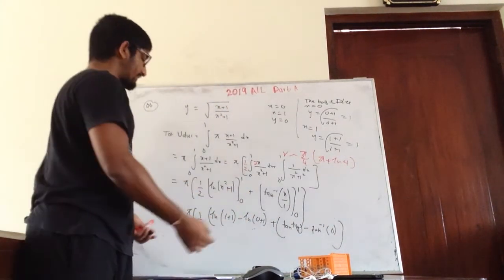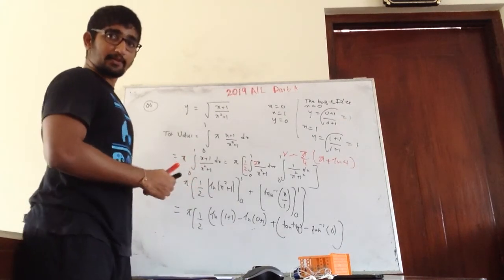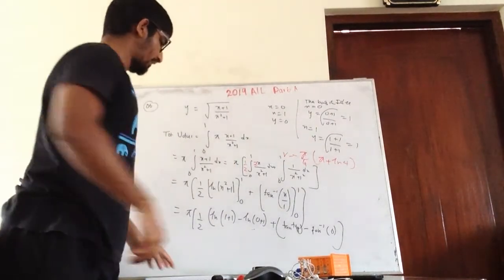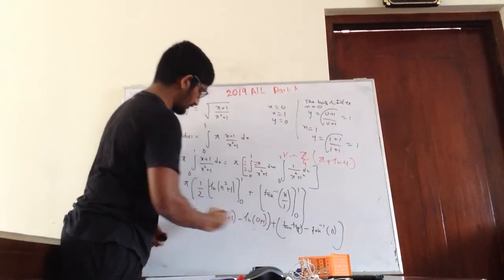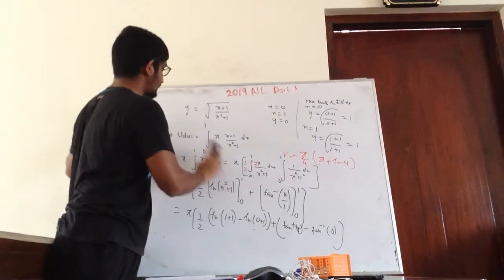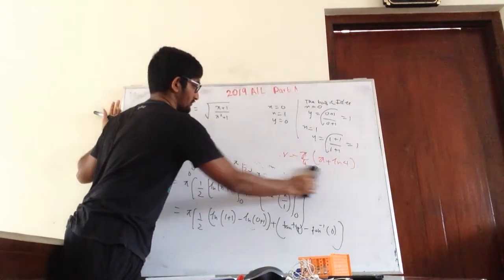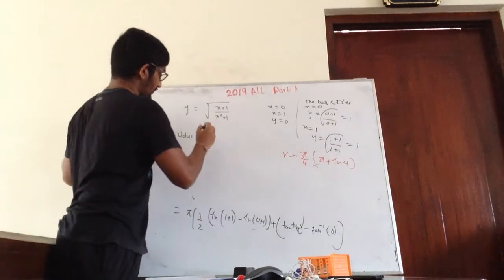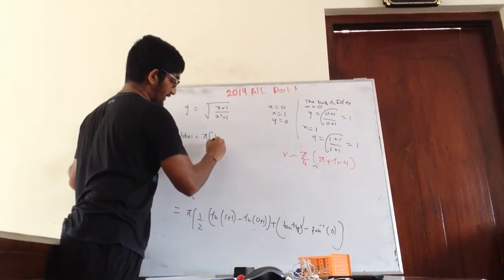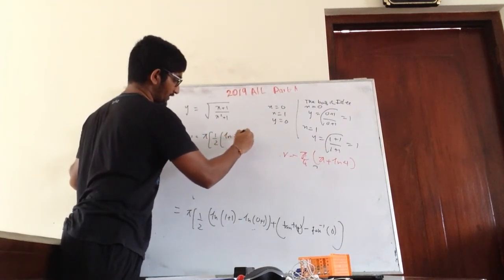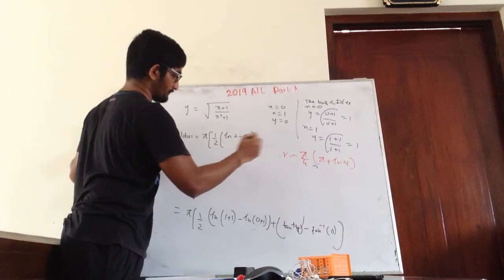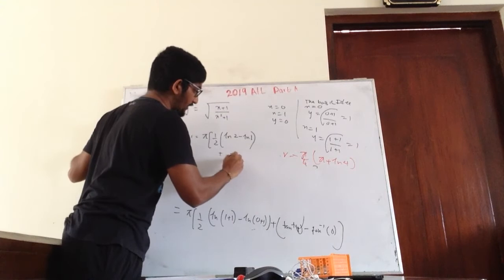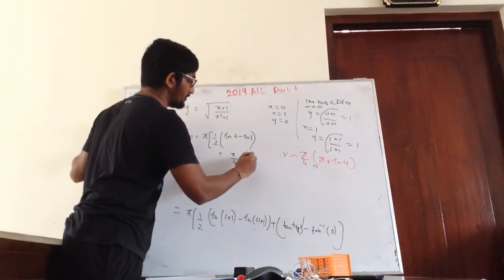So I need to simplify this and get the answer, right? So you get 5 times half of ln 2 minus ln 1, plus, since tan inverse 1 is 45 degrees, 5 over 4, and tan inverse 0 is 0.